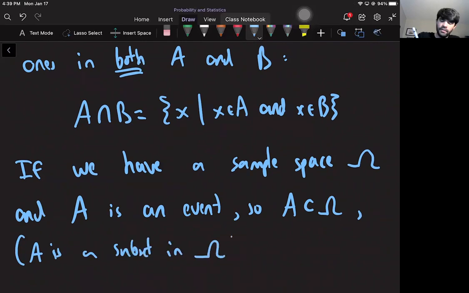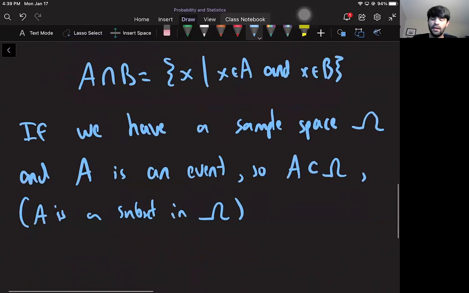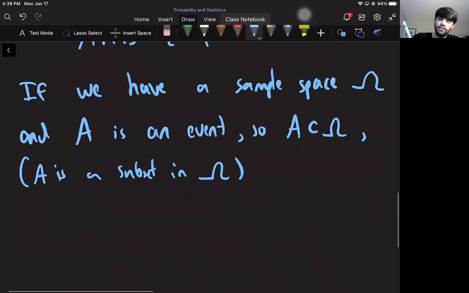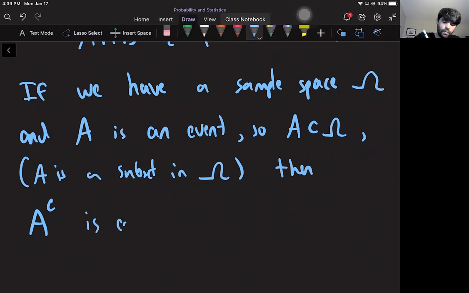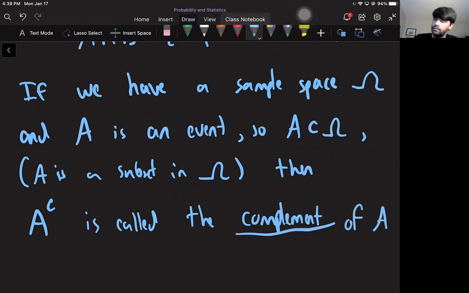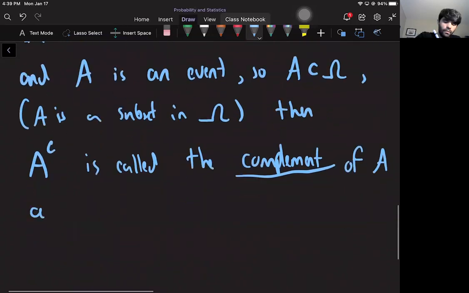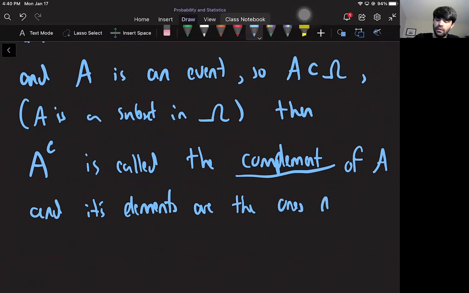Well, then what's going to often happen is there'll be stuff that's not in A that you want to reference. So that's what the complement is. So we put a C as the exponent on A. This is called the complement of A. And its elements, so it's still a set, are the ones not in A. So it's sort of like the opposite of A. It's sort of like a negative.